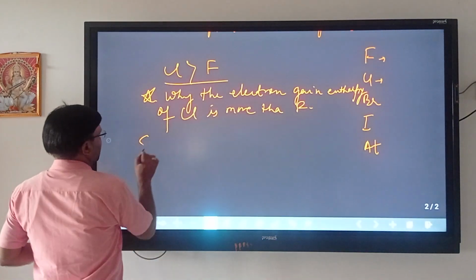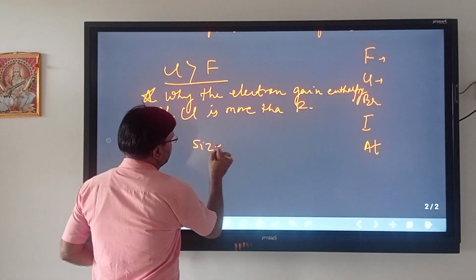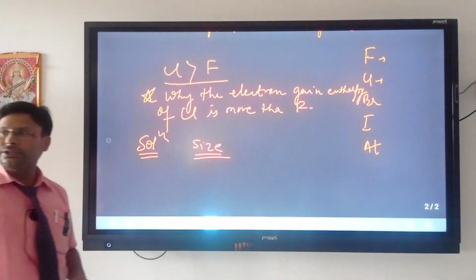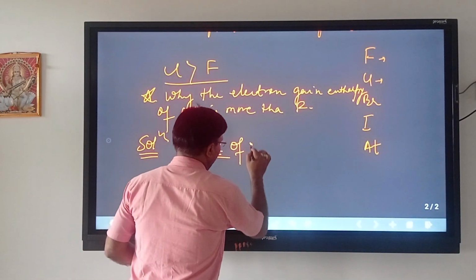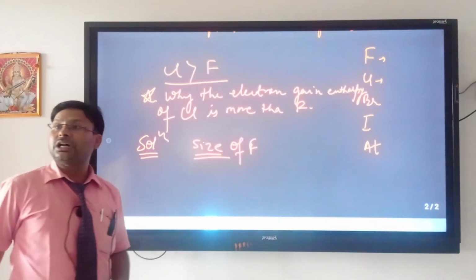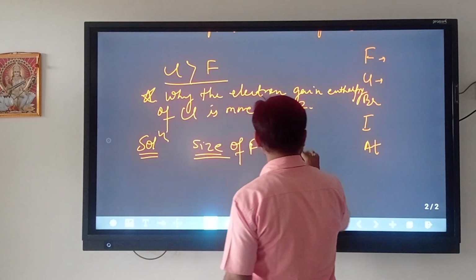This is the matter: the size of fluorine is less than chlorine.